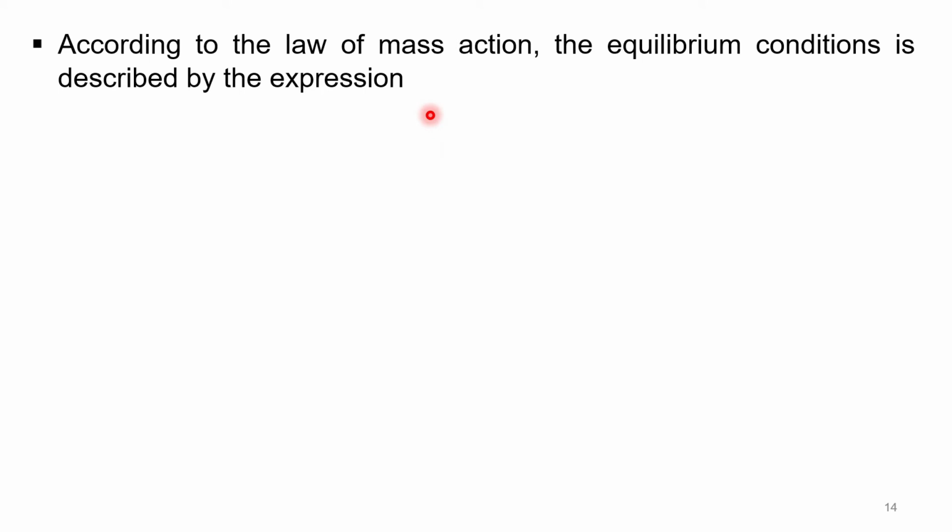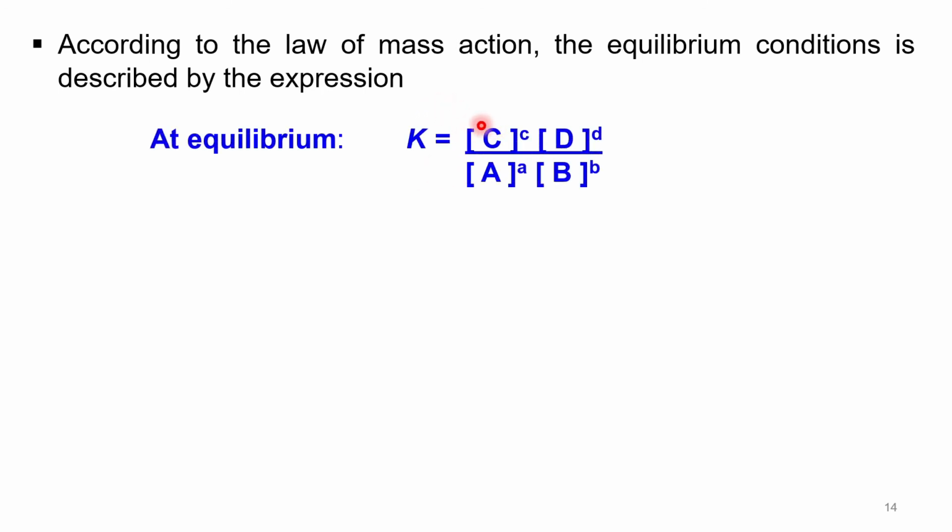So according to the law of mass action, the equilibrium condition is concentration. Okay, this is the expression of concentration of product to the power of its coefficient. So we have products C and D from the general equation A plus B produces C plus D. So the small a, b, c, d are the coefficients of A, B, C and D.